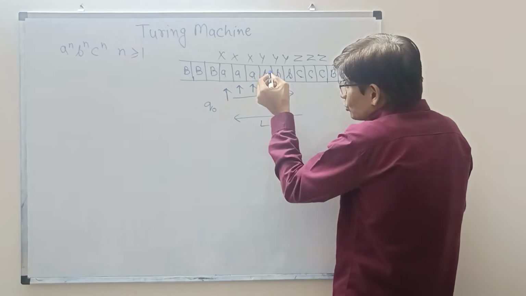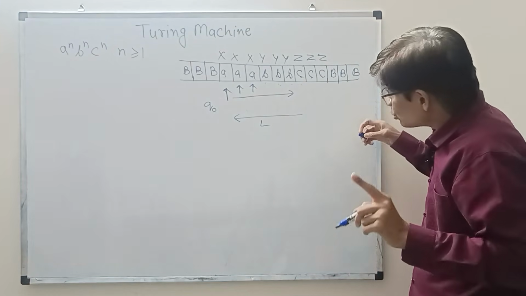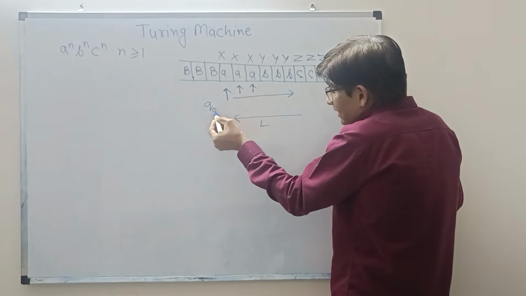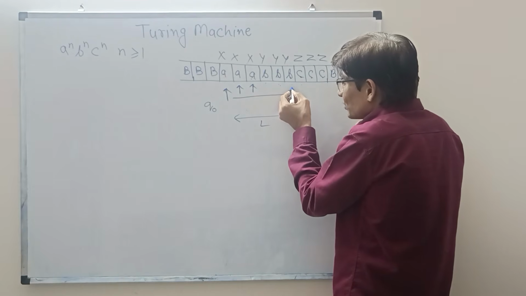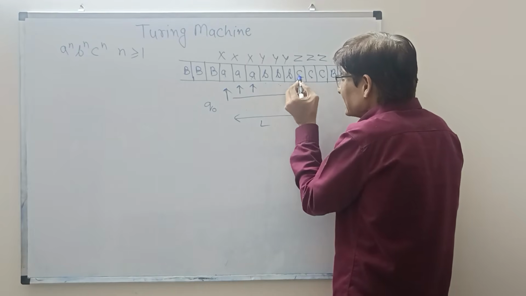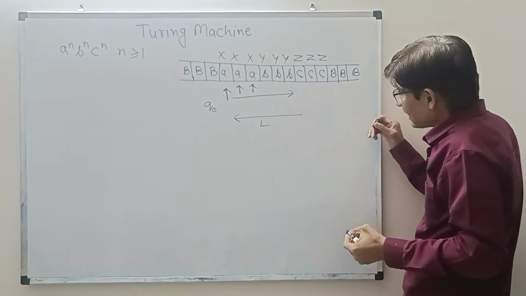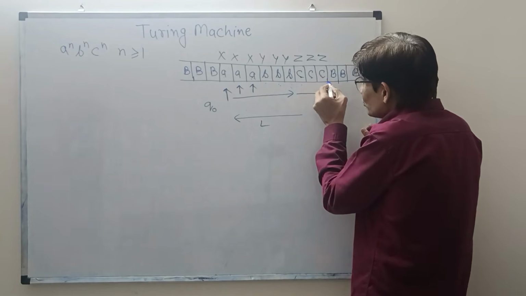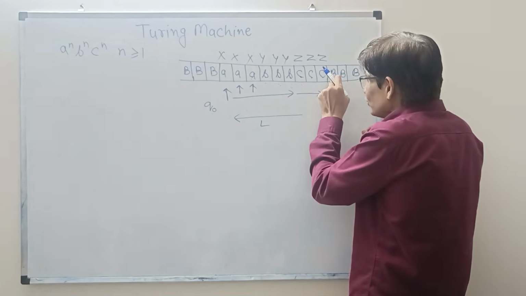Then on q0 you will directly get Y. That means you have completed all the A's, and in that case you will skip all Y's and search for any B. If you are not getting any B and you are directly getting C, that means all B's have also been converted into Y, and then you will continue moving towards the right direction and search for any Z. If your Z's are also completed, then you will get blank.